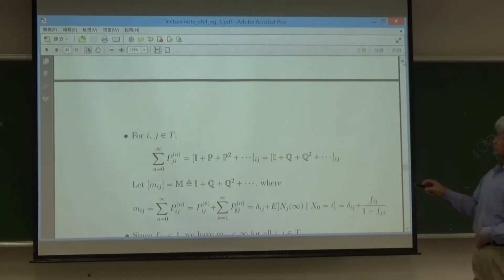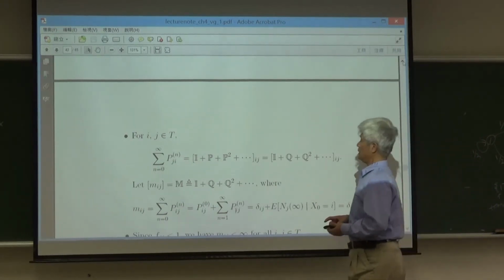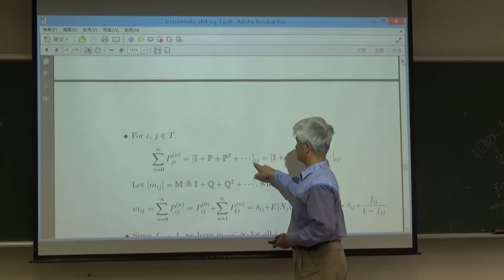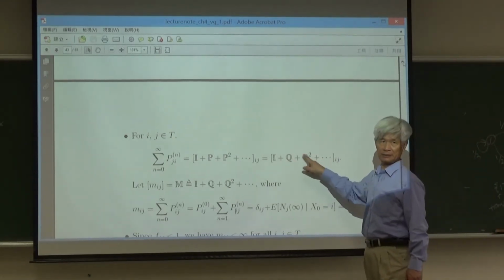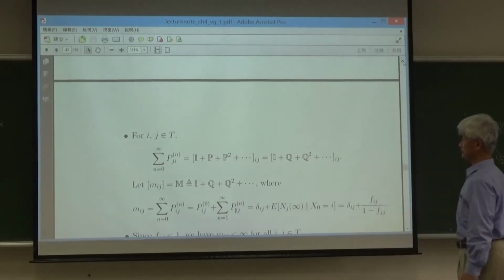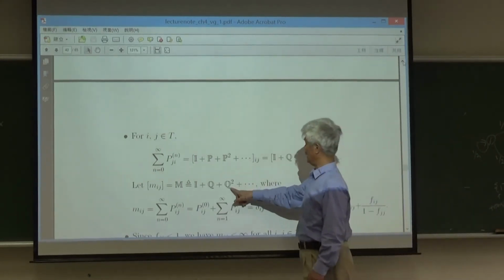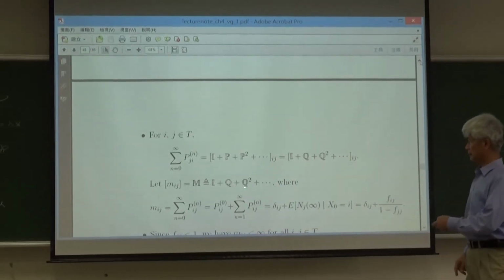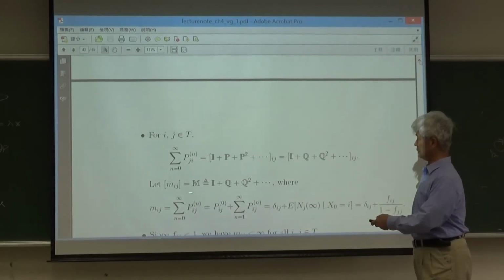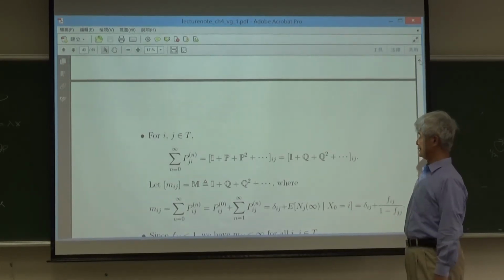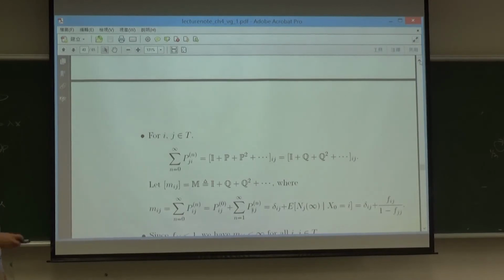Okay, so if i and j are transient states, you take the ij entry and sum over n, and this is the same as summing over the powers of Q. So now we focus on Q, and we let M be the sum of the powers of Q. So the entry Mij may be finite or infinite in general.